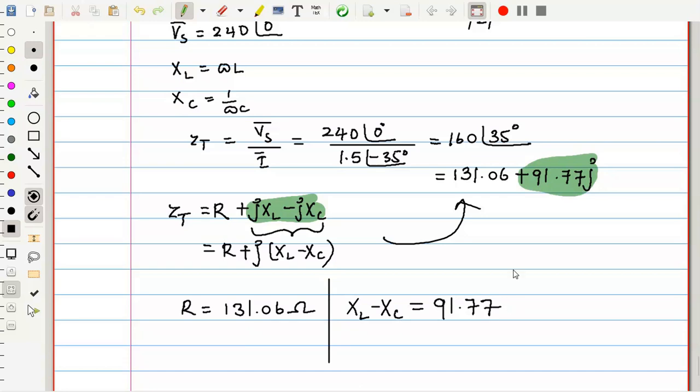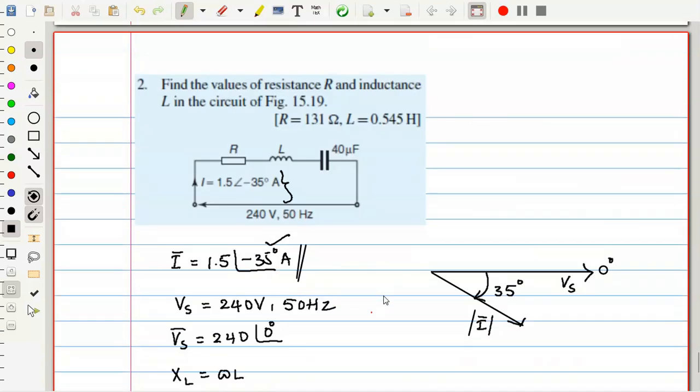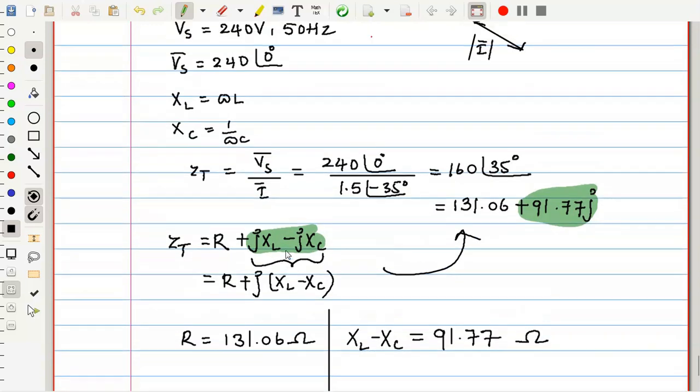Yeah. So now out of these three, we got only two things, and one is a somewhat confusing situation as XL minus XC. What we need is inductance. Oh, capacitance is given, nice thing. Capacitance is given directly, so we can put the things here. Now substitute here. First let me find what omega is.